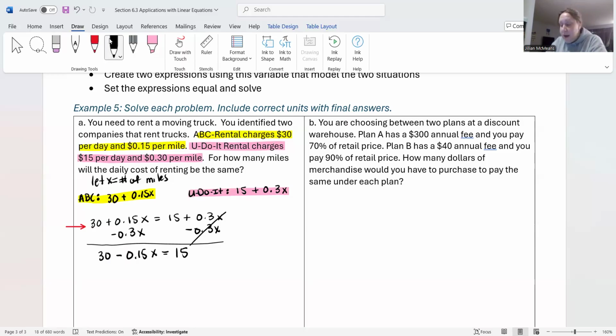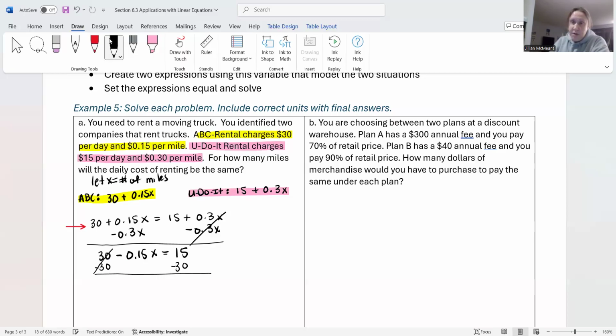So we've managed to successfully get all the variables in a single term on the left. Now we need to get all of the constants on the right. And currently my issue is this 30 on the left. Since it's positive, we can think of that as plus 30. I want it to be moved to the right. So we undo addition with subtraction.